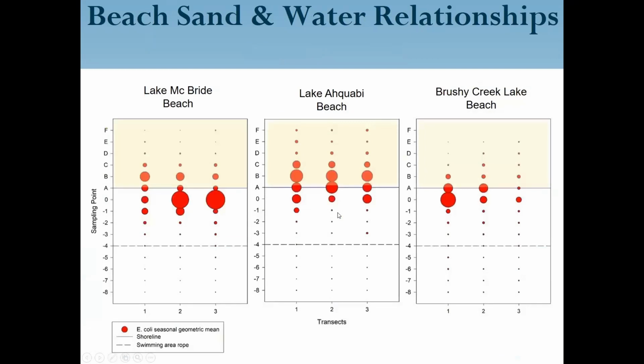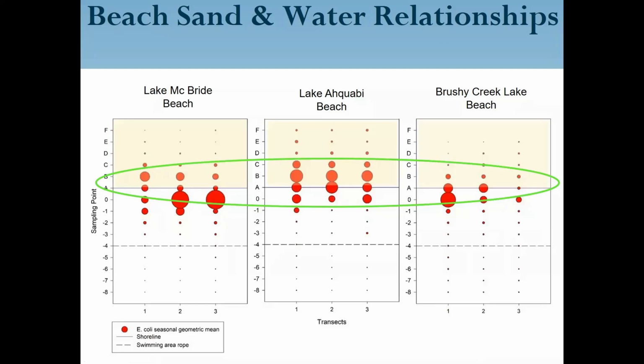So when we look at the information that we collected, we saw that there was a corresponding sort of zone of influence, if you will, where these areas tightly adjacent to the water line, both in the water and in the sand, contained the highest bacteria concentrations relative to their areas.